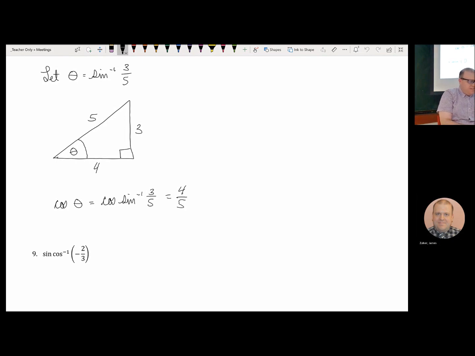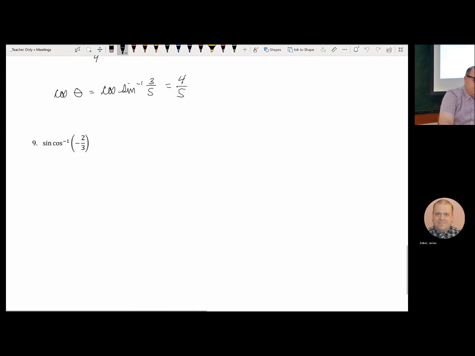Sine of the inverse cosine of -2/3. Again, just call theta the inverse cosine of -2/3. So we're going to try and find where theta is located.